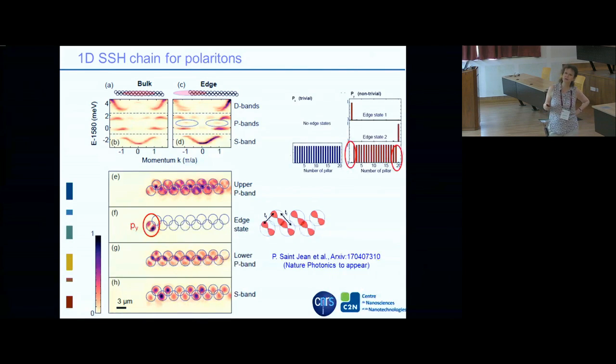And if you look at the bulk of the P band at the end pillar, you see that there is no orientation along PY. We clearly see that it's PX only, which is exactly what I said before. The bulk modes are evanescent on the first pillar. So this is really a signature of this topological property.